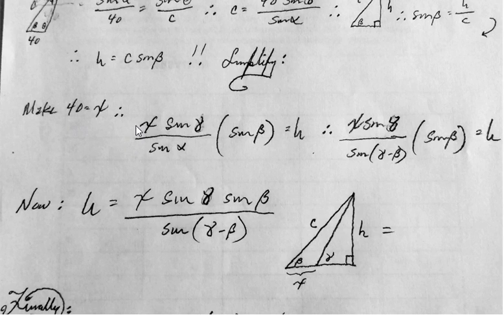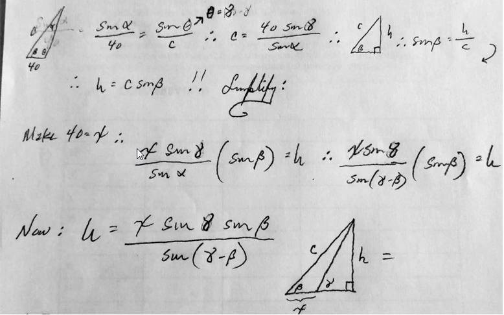So we know that, from back up here, we have our X value times the sine of gamma over sine of alpha, because that's our C value, right? X sine gamma over sine alpha.